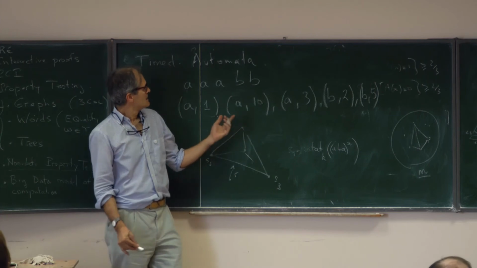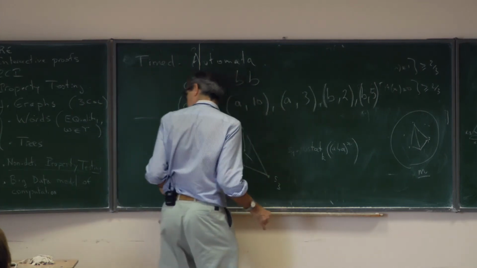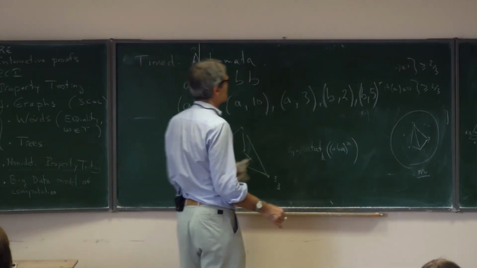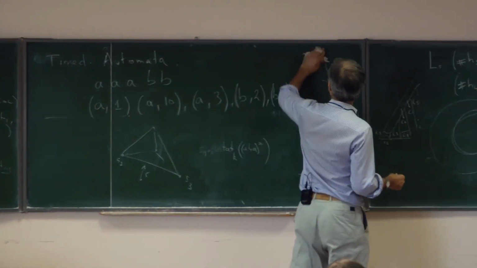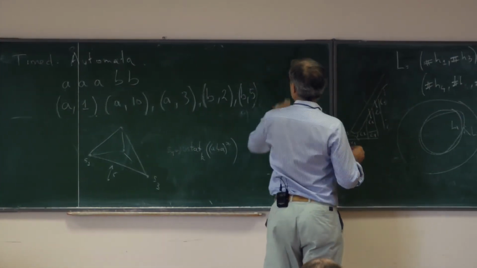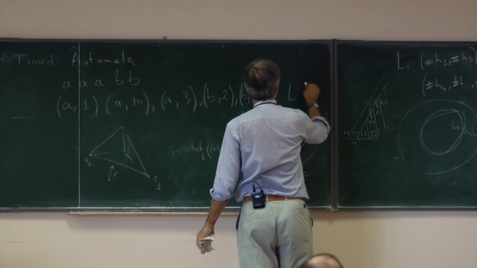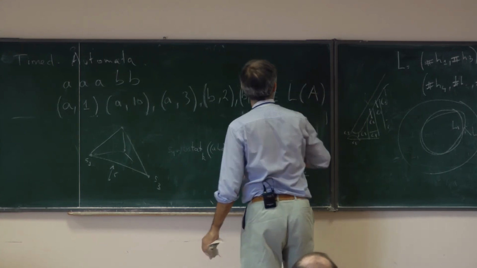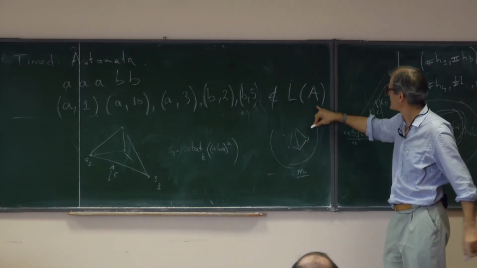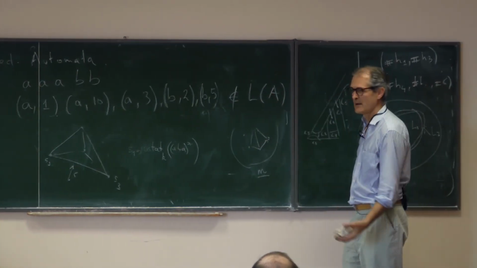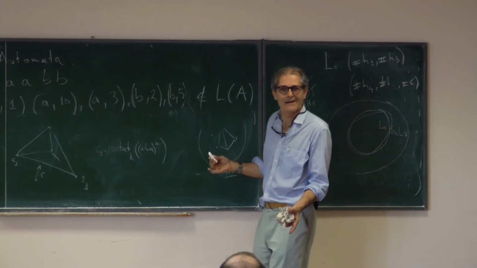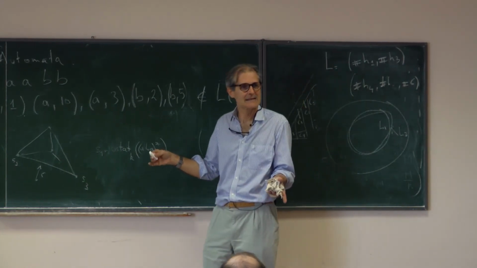So I don't want to go into the details of the automaton, but now imagine that this word is not accepted by a timed automaton. So it's not accepted. All right, now let's play edit distance.